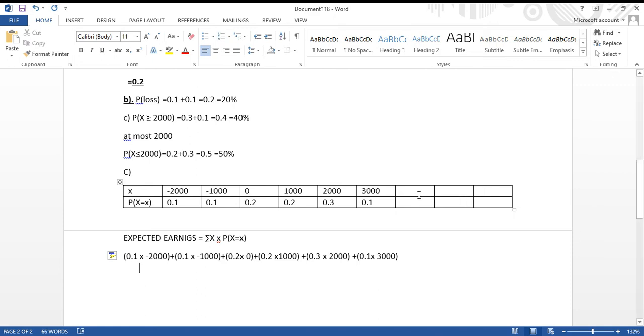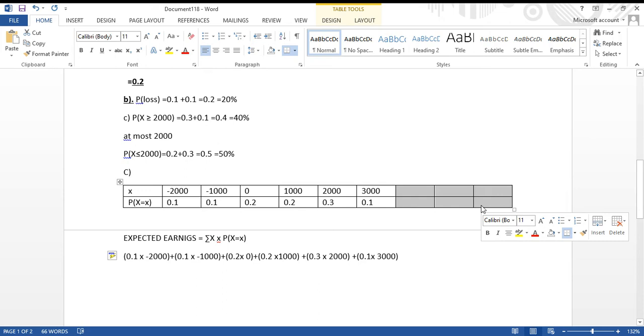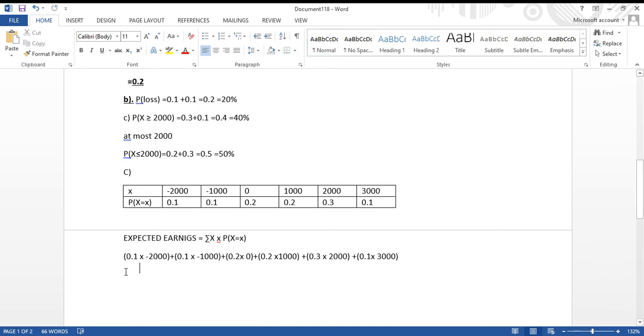So what is 0.1 times negative 2000? What do we get?